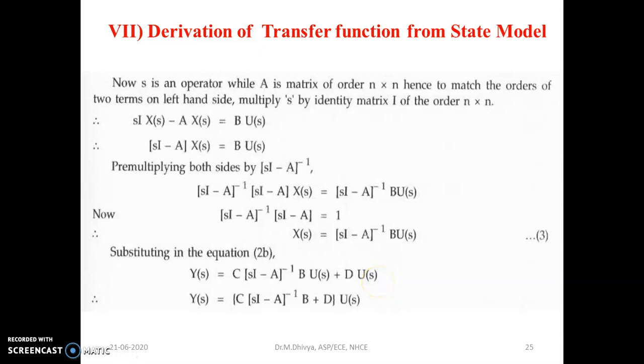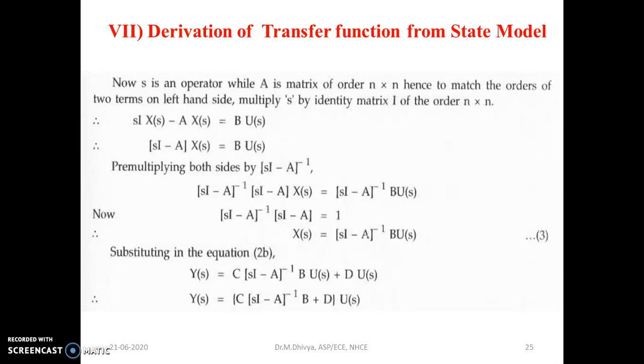Now, take U of s commonly outside. We get C into (sI minus A) the whole inverse into B plus D, into U of s. From this, the transfer function is given by Laplace transform of output divided by the Laplace transform of input.